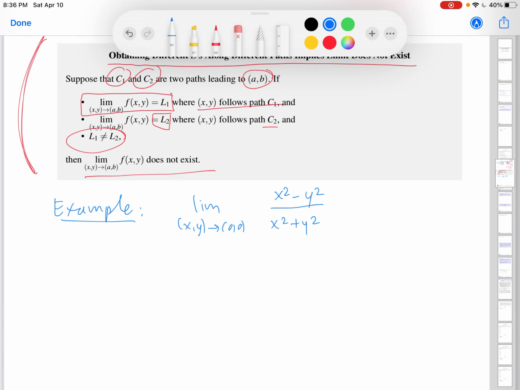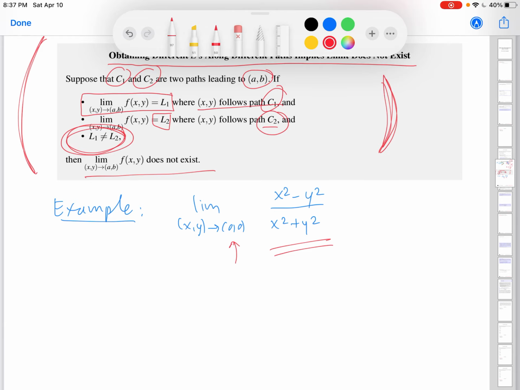I'm not going to try to actually evaluate this limit using algebraic techniques. I'm just going to show you the graph of this function, and show you why this is true. I'm going to find two paths, C1 and C2, along which the function's values tend to different numbers as we approach the same point, (0, 0).